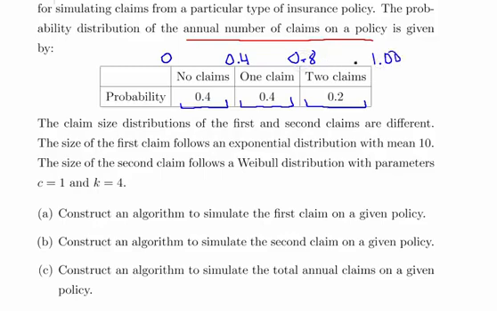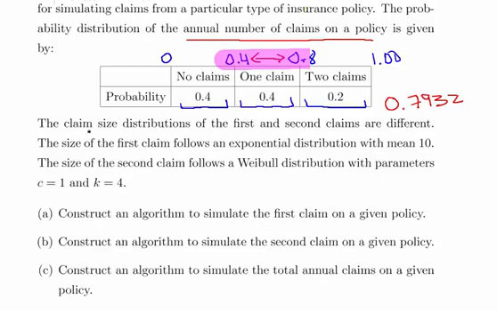So if we automatically generated a number, let's say 0.7932, that would be in the range 0.4 to 0.8, and in that case we would be simulating an outcome where there was one claim. So it's a very simple setup using the uniform distribution to characterize a discrete distribution like this. Just to start that off.